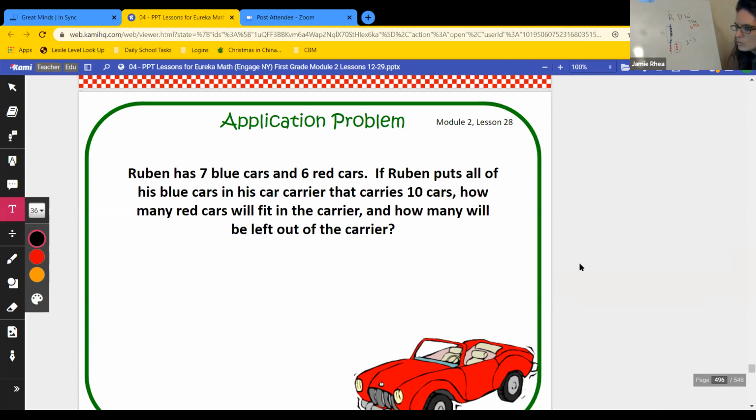So how many cars will be left out of the carrier? How many cars will be in the carrier? 3. So we can say 3 cars are in the carrier.